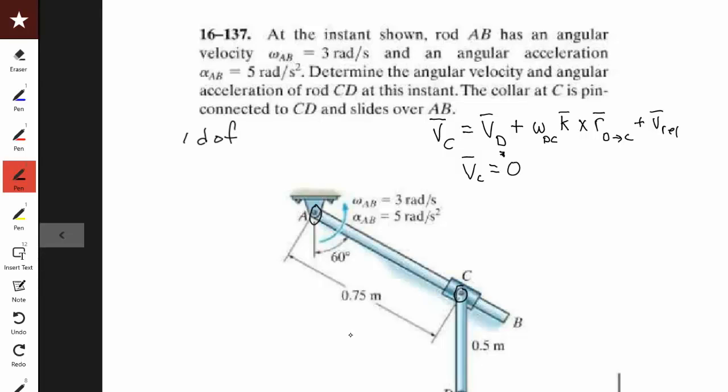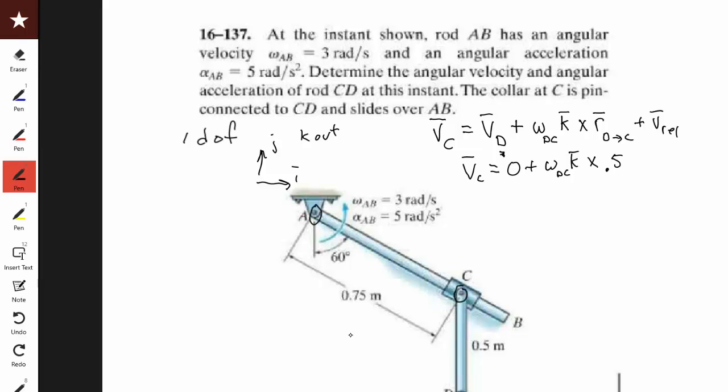Let's put a number in here. This is omega DC K, cross. Okay, let's plug in for the R. R goes from D to C, so it's a distance of 0.5, and it's straight up. I is to the right, J is up, K is out. The only problem that you have is you got to make IJK right-handed.